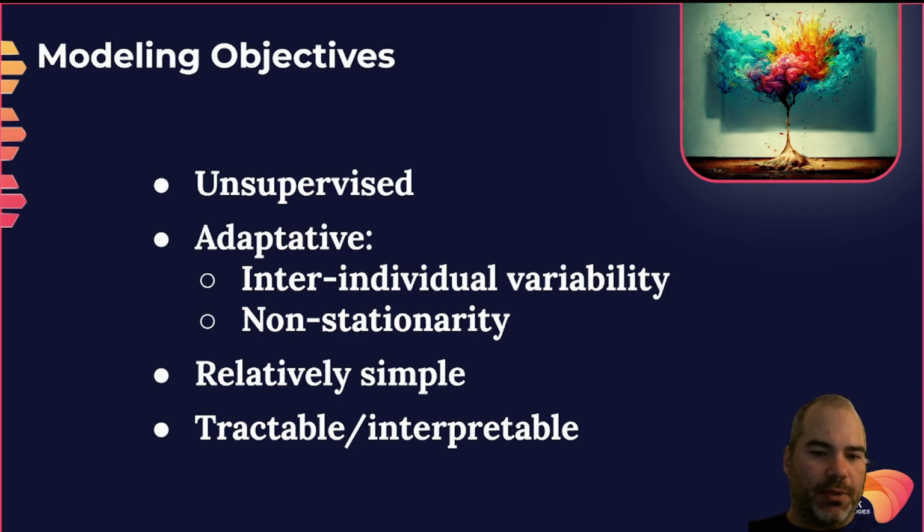And then we also want something that will fit and adapt to non-stationarity. So if I do an experience that lasts for, let's say, 30-45 minutes, some of the features might change a little bit over time, for various reasons. This is generally a limitation of explicit calibration methods.